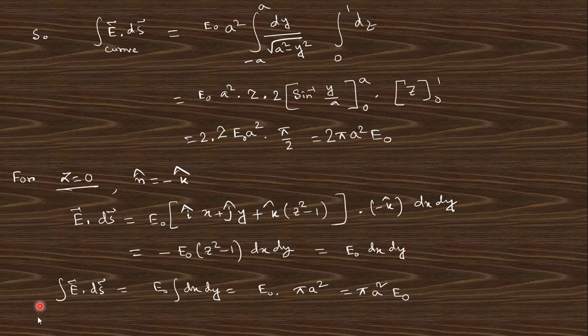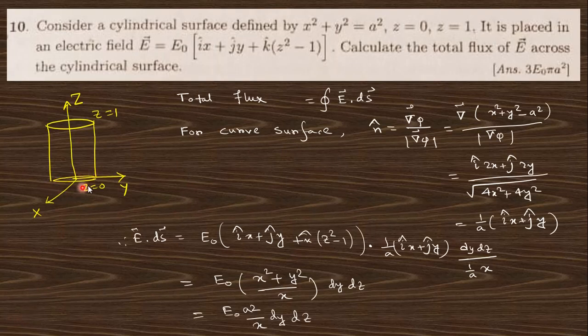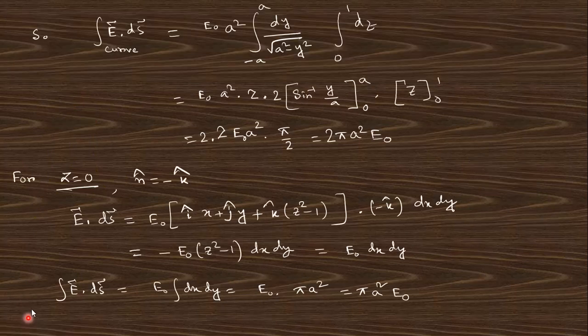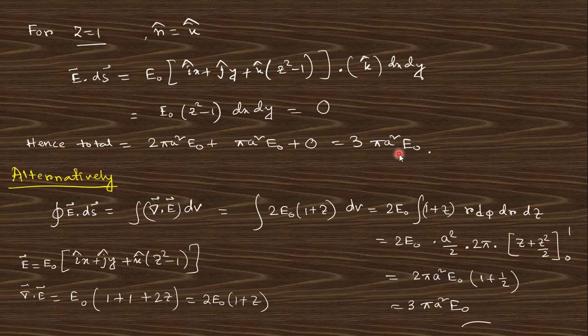And for the plane surfaces, there are two plane surfaces, z equals to 0 and z equals to 1, and finally you will get 3 pi square is 0. But I recommend you to use this formulation, because you can save your time easily, and there is no error at all, right? So that's it.